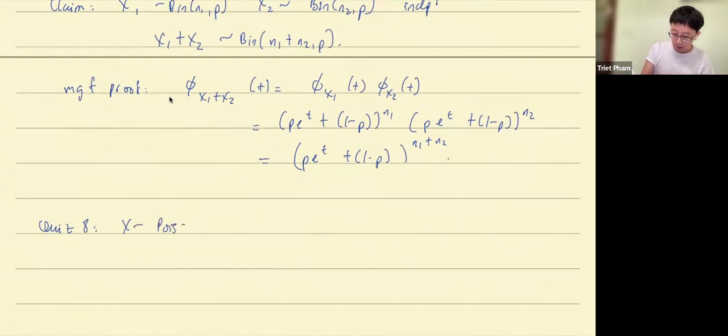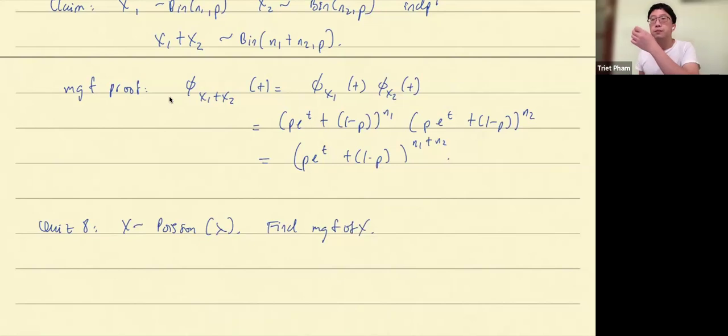Suppose X is Poisson(lambda). Find the MGF of X. All right, so what is it?